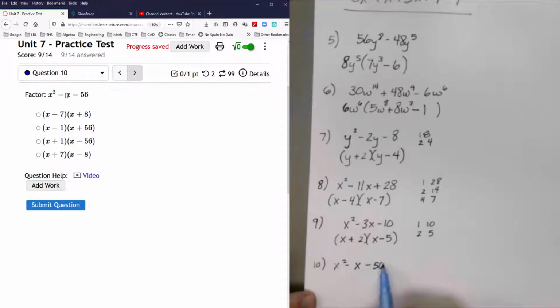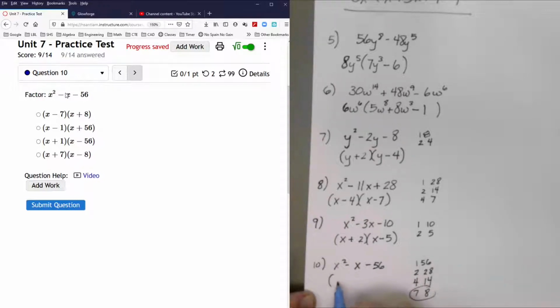So I'm looking for numbers that have a difference of 1. Again, I can write these out, 1 and 56. If you see it, there's no need to do that, but 2 and 28, 3 does not go into that. 4 goes into that 14 times, 5, 6, 7 times 8. So it looks like 7 and 8 will be our answers here.